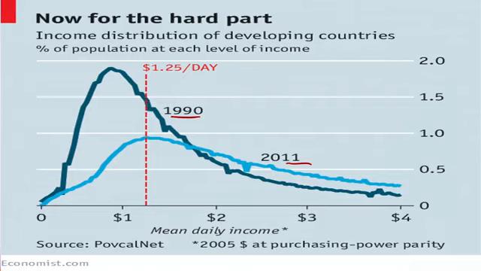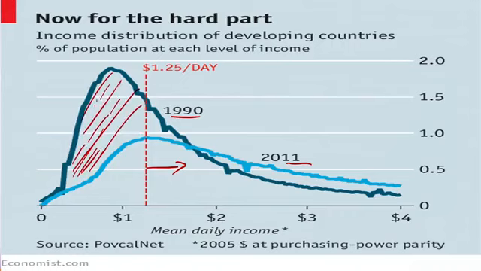And because of the high growth rates in China and India and many other countries, poverty has been reduced. A lot of people have moved to the right of this line, and this whole area, population which was represented by this area of the distribution, has shifted towards higher levels of income and have become more middle class than being in abject poverty.